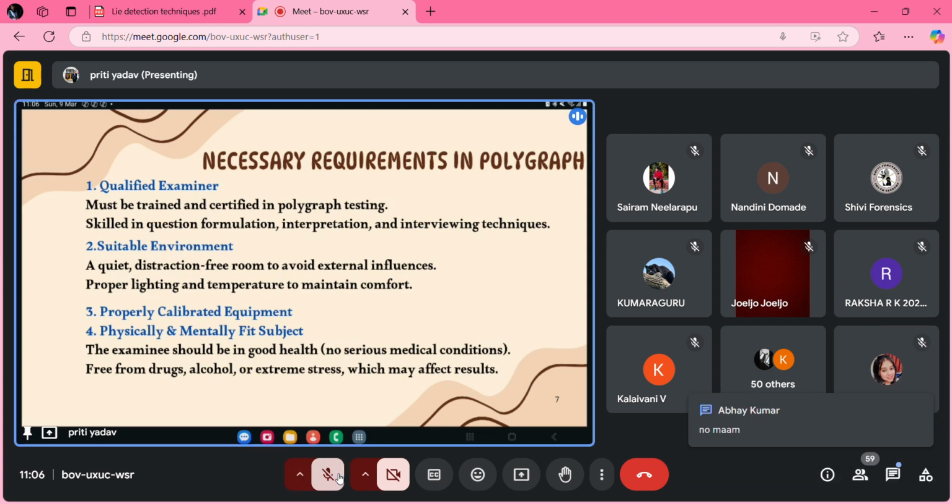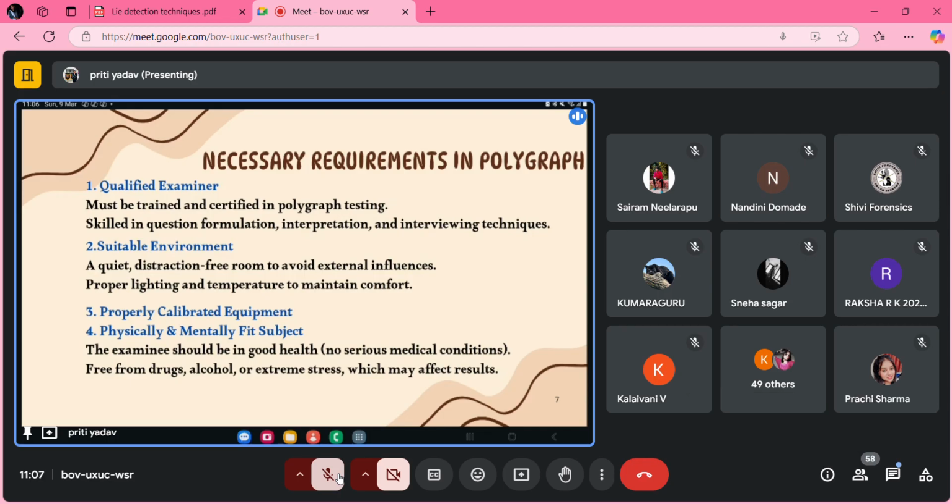So this slide covers the necessary requirements in polygraph. A successful polygraph examination requires a trained examiner, a controlled environment that is free from all external distraction, and a cooperative subject.